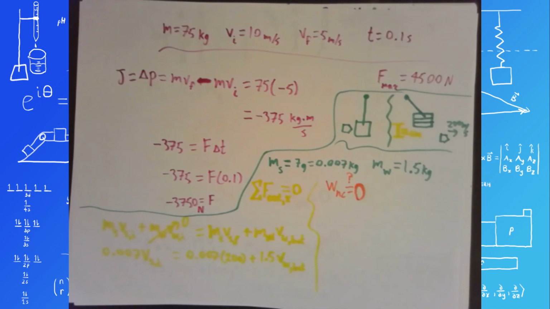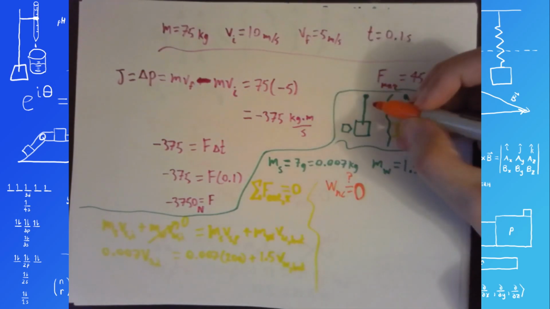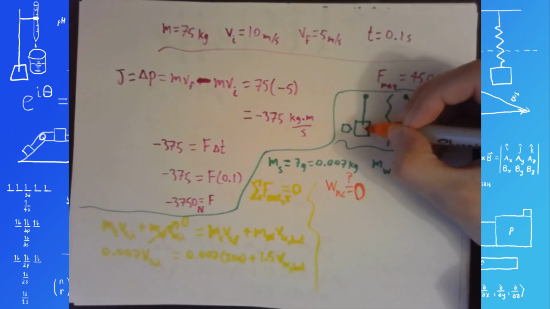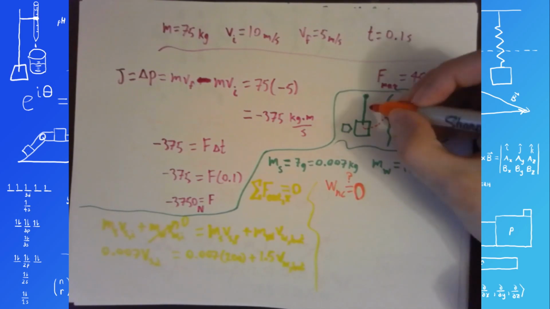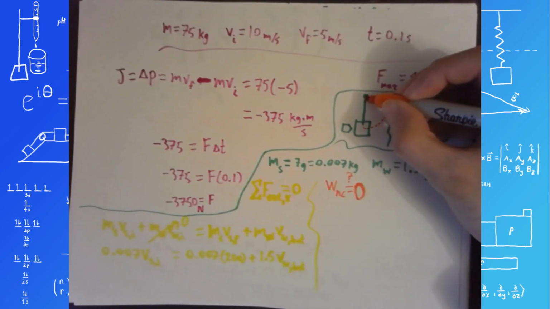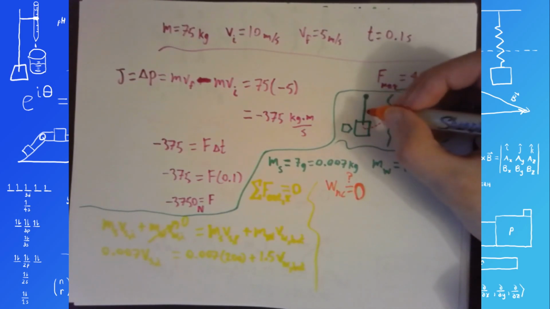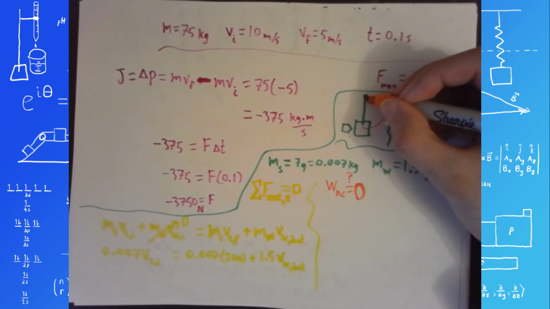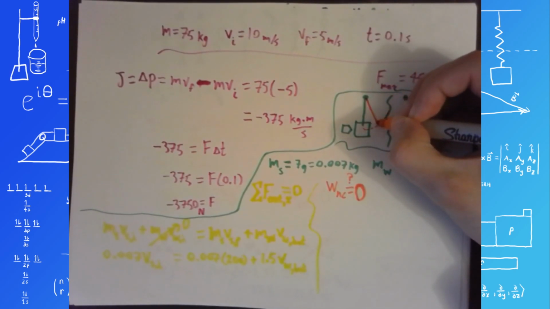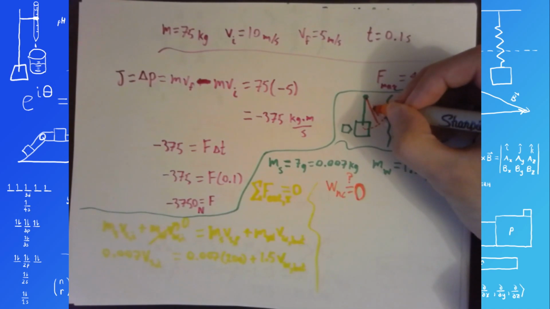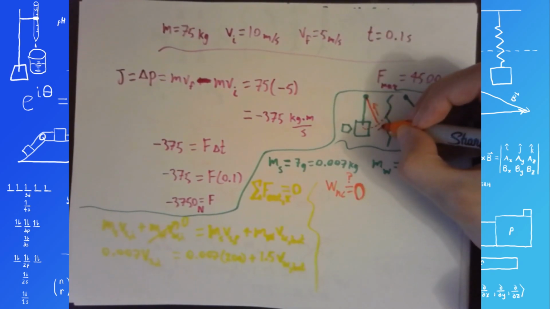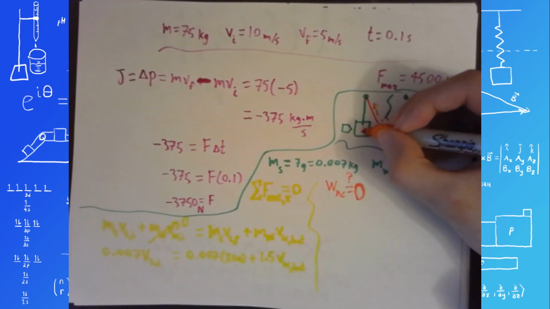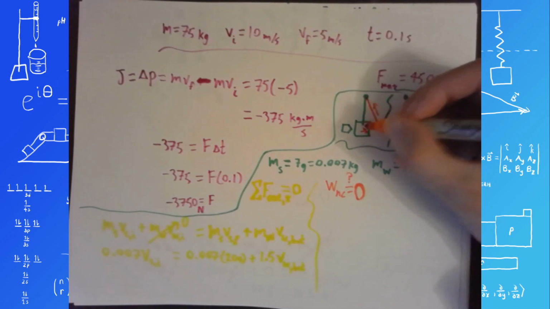And for the tension in the rope, while it's not 0, it doesn't do any work, because as the block swings, the direction of the tension force is always parallel to the rope, and the rope always moves such that it's always perpendicular to the direction of motion, and therefore perpendicular to the direction of displacement.